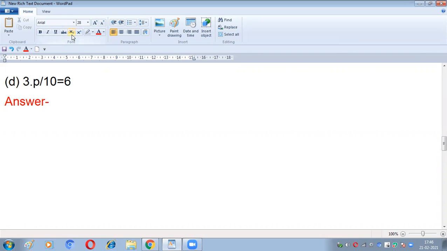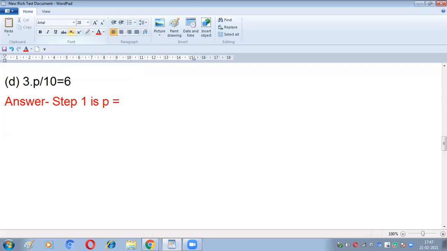Now we can easily find the value of P. Our variable is P again.